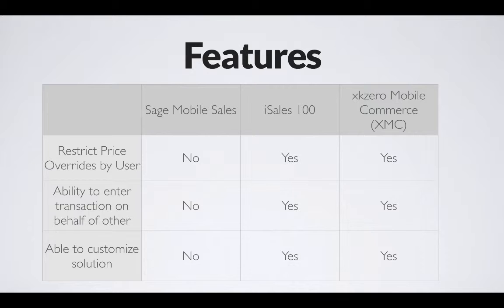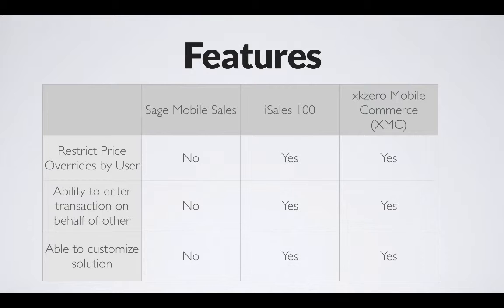And here's a big one too, the ability to customize a solution. Most everything that we do with iSales is built as a configuration, so we meet very configurable custom needs through just check boxes and drop-down selections and things of that nature.